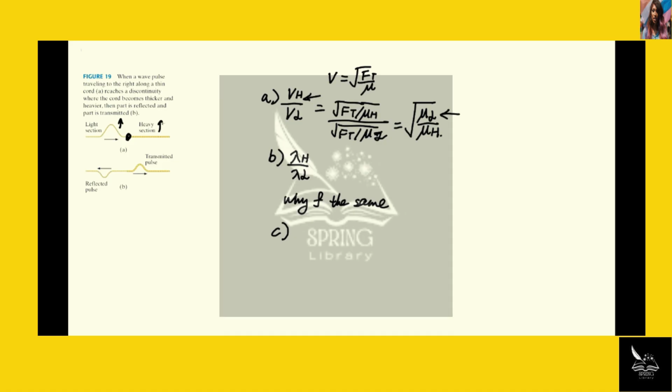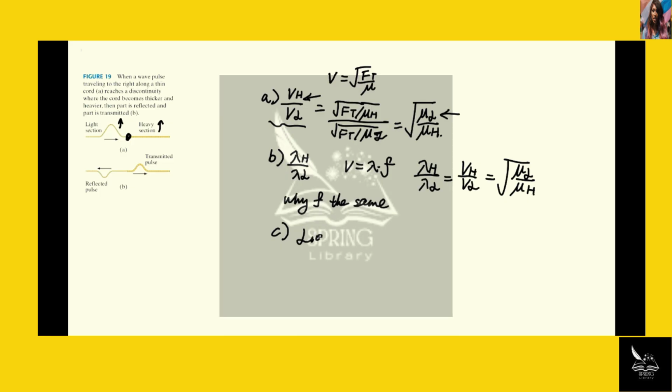once we have the same frequency and we already know the relationship of the velocity, then we can find the relationship between their wavelengths, because V equals lambda times F. So the relationship between lambda is the same as the relationship between the speed, which is the square root of mu L over mu H. So from this, you can see that the lighter chord actually has greater wavelengths, and the heavier chord has shorter wavelengths.